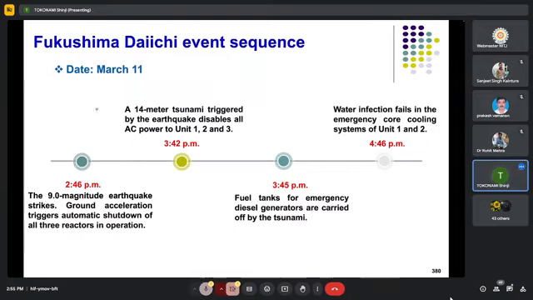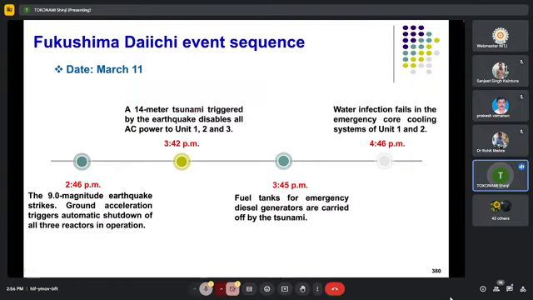March 11, 2:46 p.m., the 9.0 magnitude earthquake strikes. Ground acceleration triggers automatic shutdown of all 3 reactors in operation.